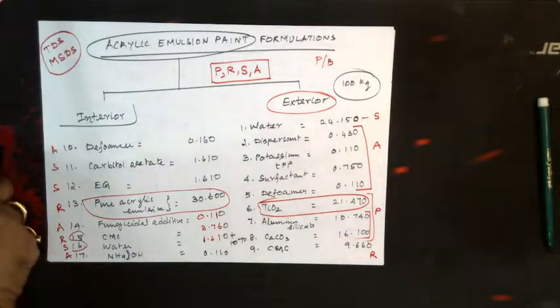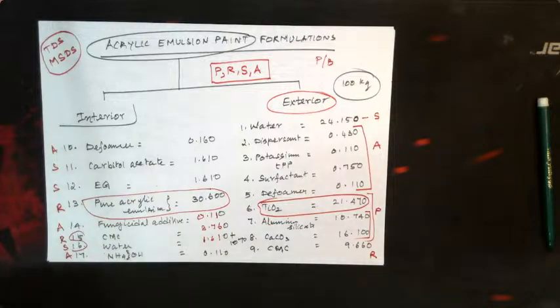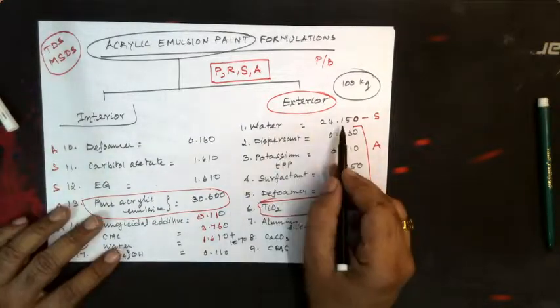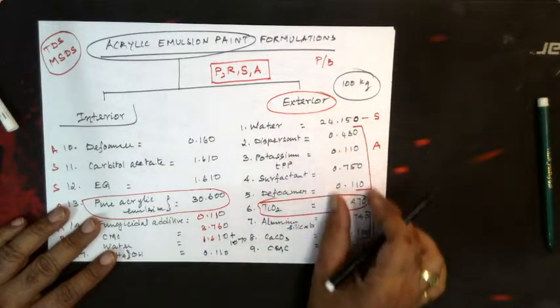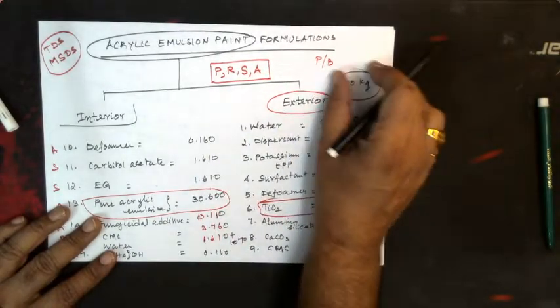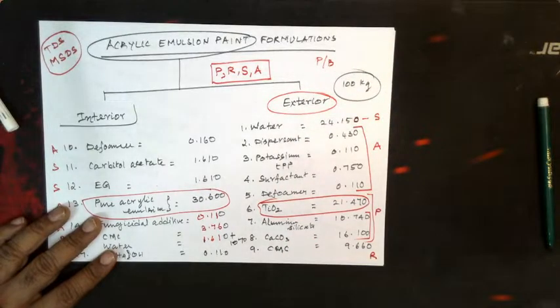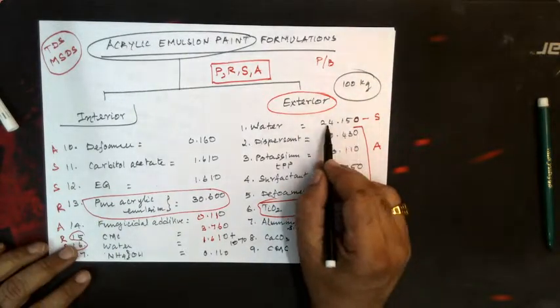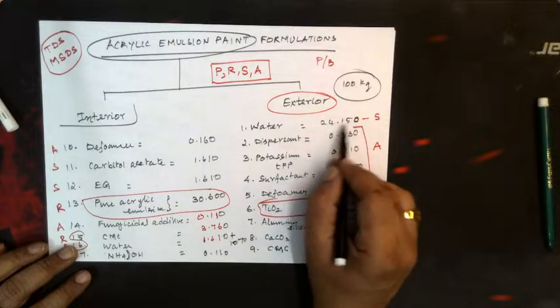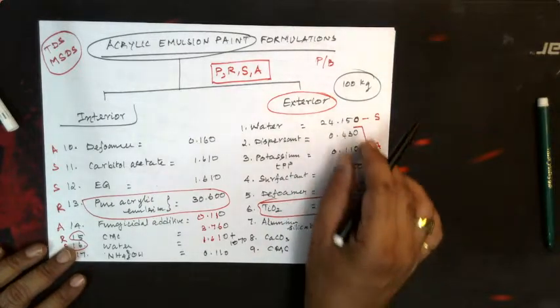Now pot life and shelf life. Now let us see the quantity one by one. So water we have to take around 25%. Here I would have used some decimal in order to get 100 kg exactly, okay, right. Here we have around 24 to 25, so let me say 24.15. So I have put 3 digits here.